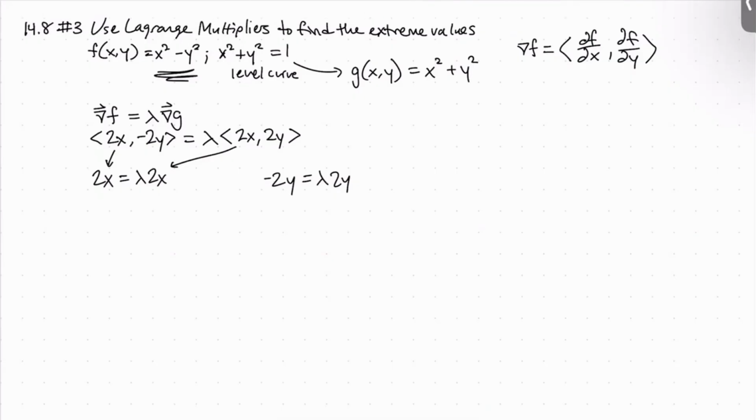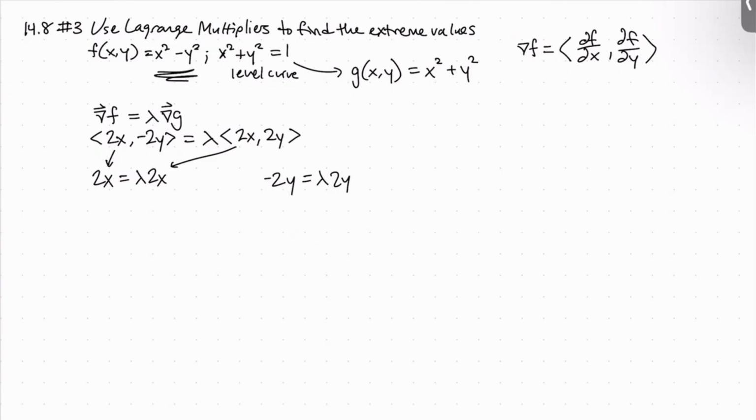Now, there's usually two ways you can go about this. You can either solve for x and y and plug them into the constraint, or you can solve for lambda and then plug the lambda you found into the other equation. So if I solve for this lambda, I would plug it into here. For this problem, it's not really necessary to go through those separate steps.